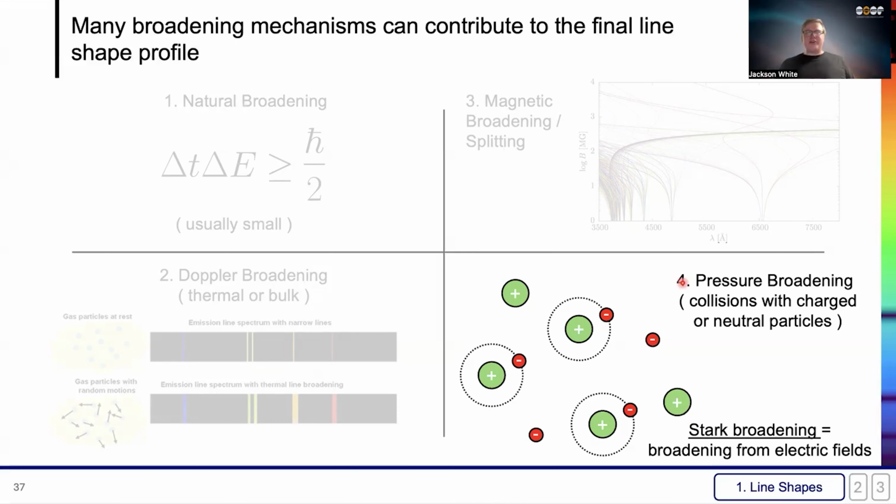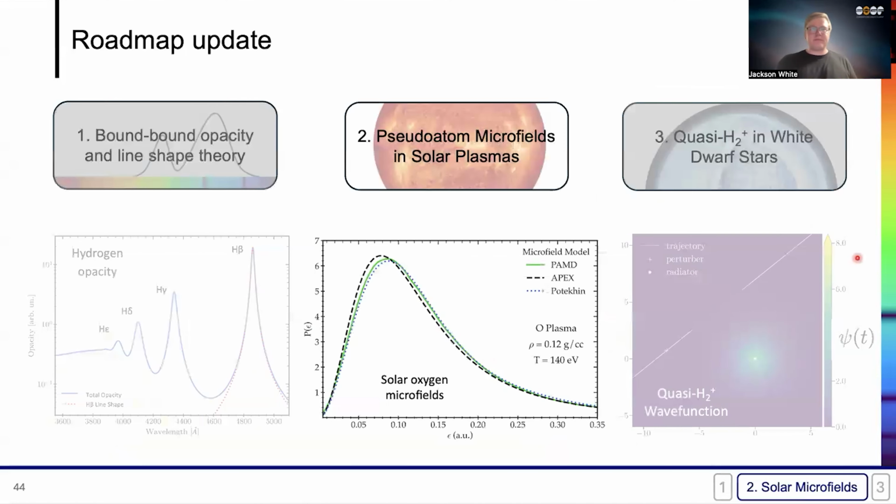That Stark broadening is what often is the dominant source of broadening in many dense plasma applications like our own sun or like neighboring stars. So our goal here is really to try and calculate Stark broadening as accurately as possible.